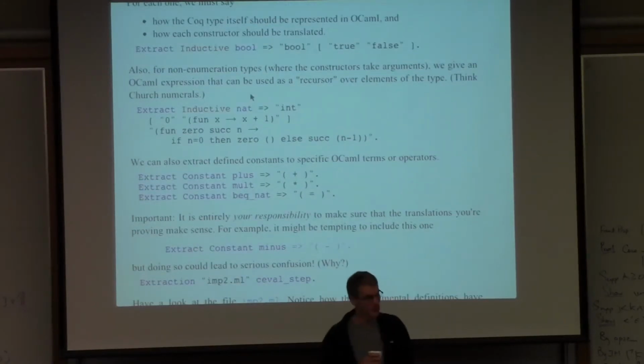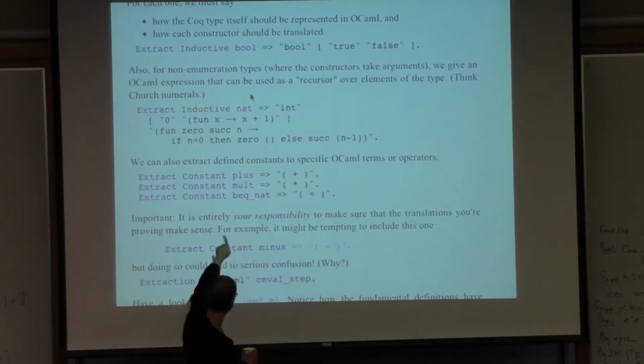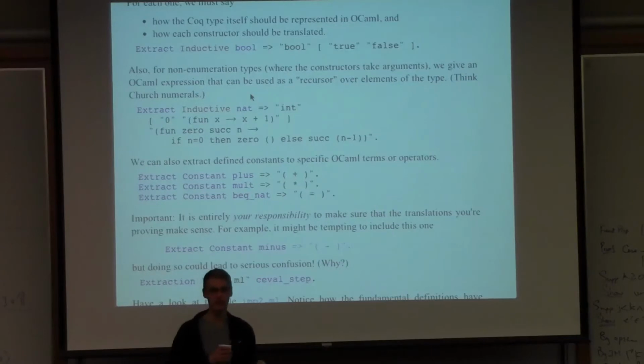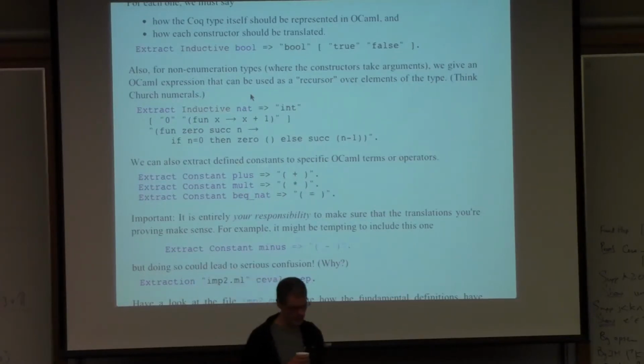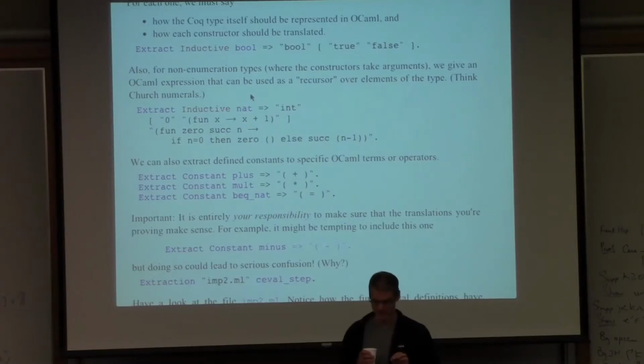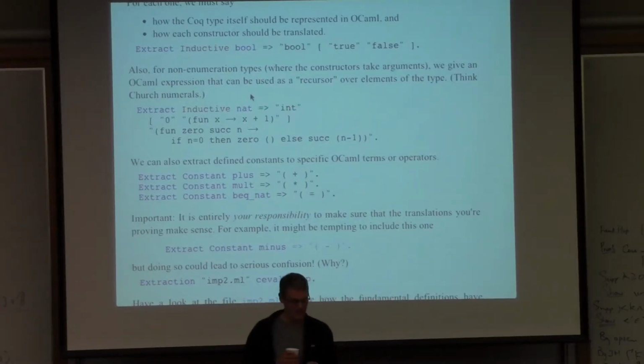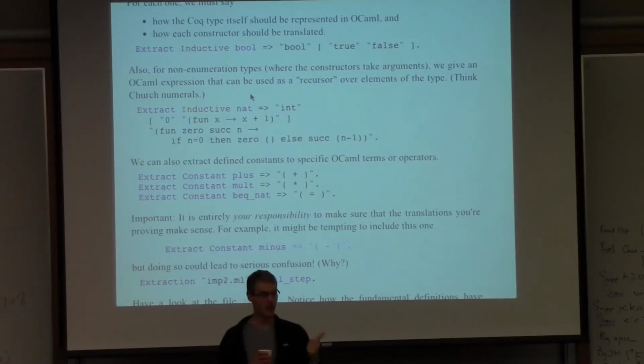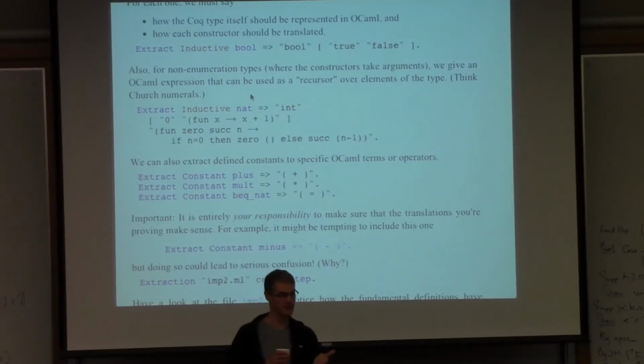You can also extract constants to particular ML terms. So I've extracted plus and multiplication and equality into the appropriate OCaml operators. But it's easy to make a mistake. So last night, I also extracted minus into the ML minus. And then I woke up this morning and said, you know, that wasn't a good idea.